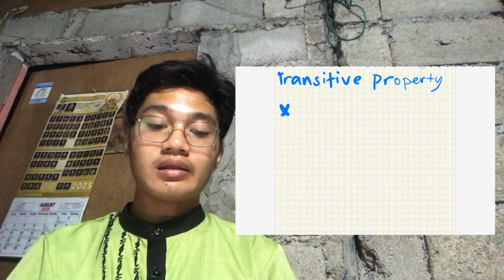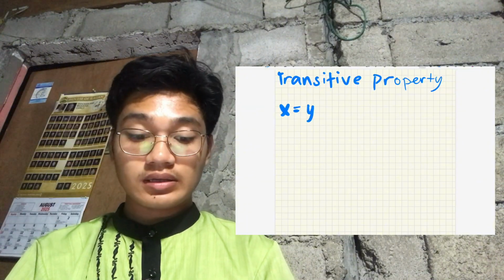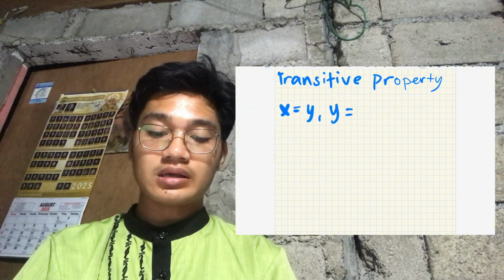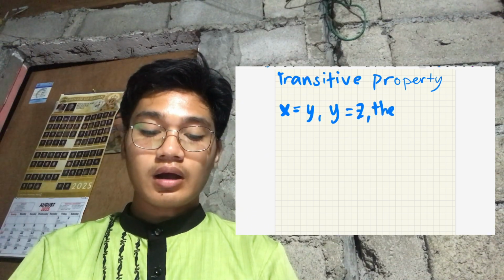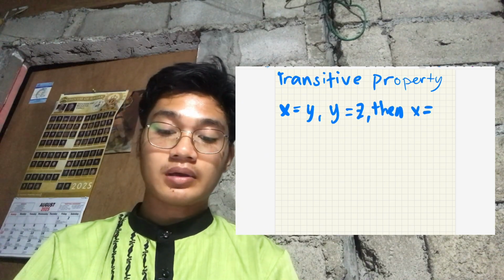So let's have an example. The general formula of the transitive property is that if A is equal to B and B is equal to C, then A is equal to C. Here A, B, and C are three quantities of the same kind.